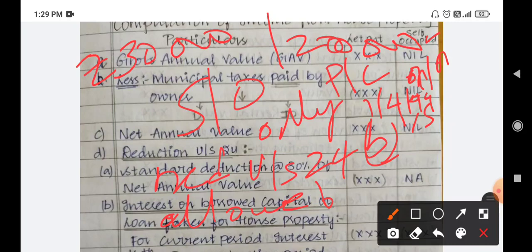If it is before 1/4/1999, we will get rupees 30,000 as deduction. And for repairs, renovation, reconstruction, triple R, only 30,000 is allowed. Please remember this one.